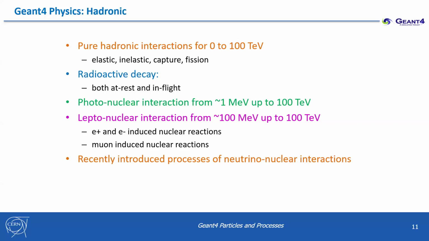Photonuclear interaction from about 1 MeV to 100 TeV, leptonuclear interactions from approximately 100 MeV to 100 TeV, which include electron-positron nuclear reaction and muon nuclear reaction. We also have variants of neutrino nuclear interactions.